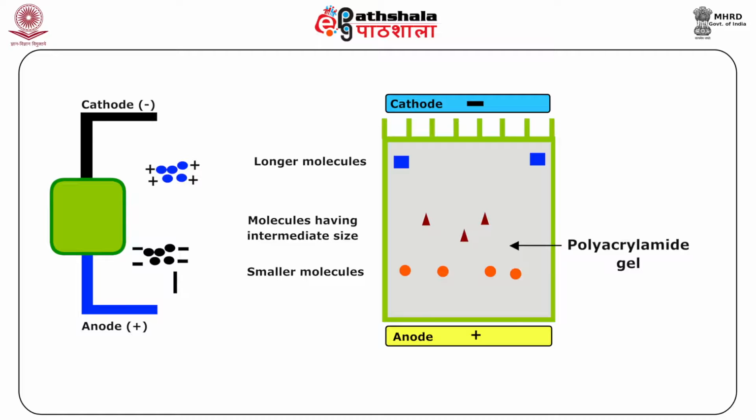The molecule will move towards the negative cathode if positively charged, or towards the positive anode if it is negatively charged. Therefore, the different physical and chemical properties of a molecule determine how rapidly an electric field can move the molecule through a gelatinous medium.